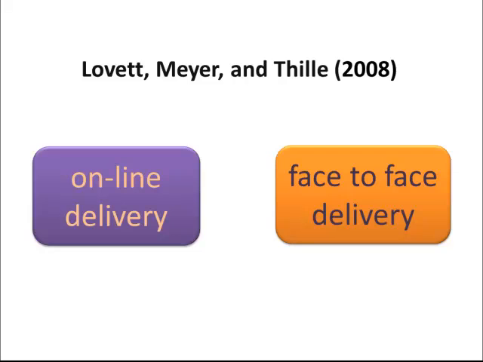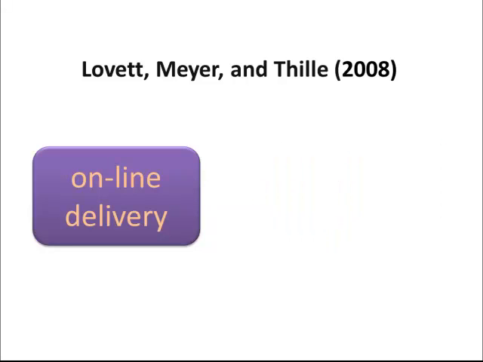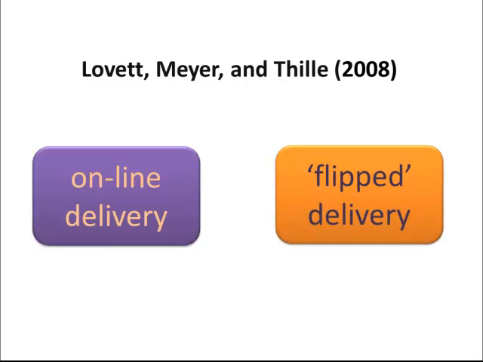Lovett, Meyer and Thiel compared online delivery and face-to-face delivery of their 15-week statistics course and found that there was no difference in the final results of these two methods of delivery. Having done that, they then compared their online delivery with a flipped delivery, where people accessed videos beforehand and then came to class to implement their knowledge, if you like, or cement their knowledge, to apply what they'd learned.